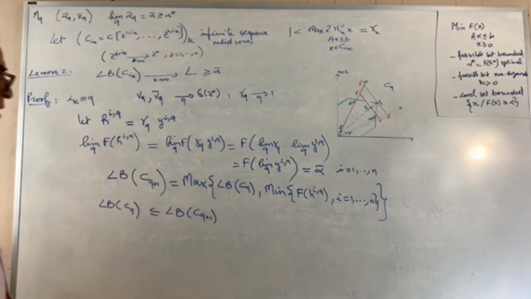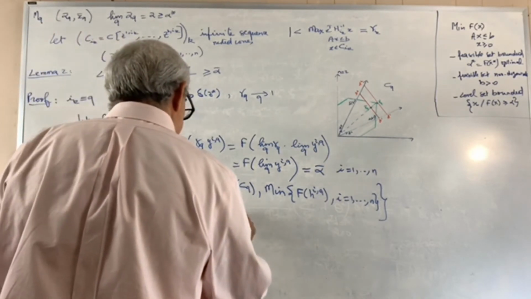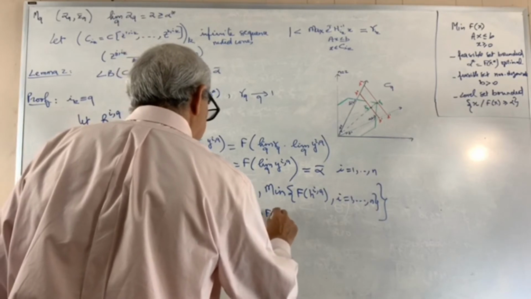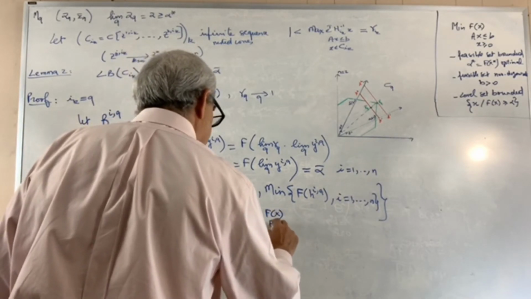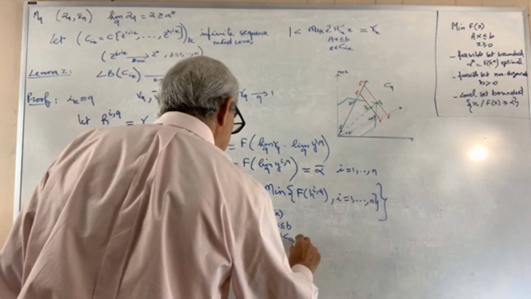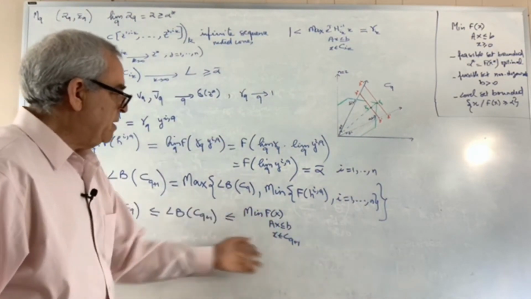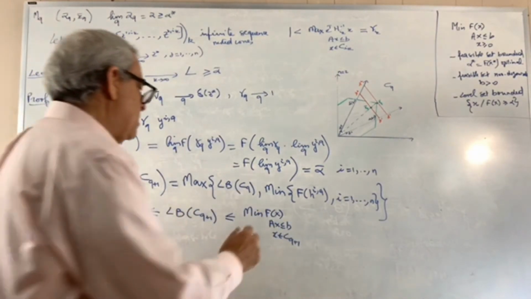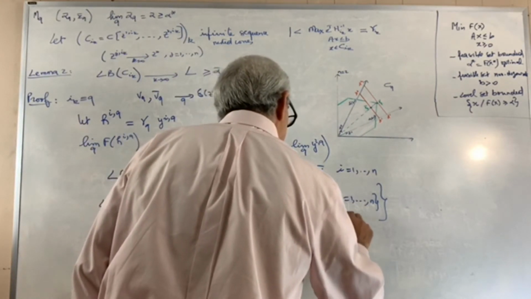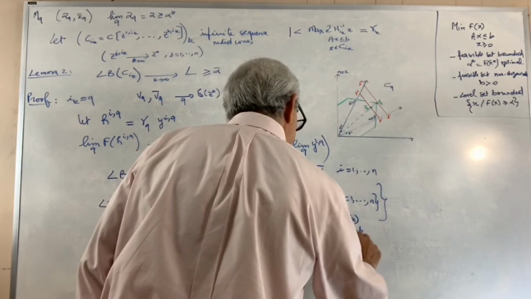And by definition, it is less or equal to the minimum of f of x subject to Ax less or equal to b and x in C_{q+1}. That's a number we created that is less than this minimum. But this is less or equal to the maximum of f of x subject to Ax less or equal to b, x greater or equal to 0.